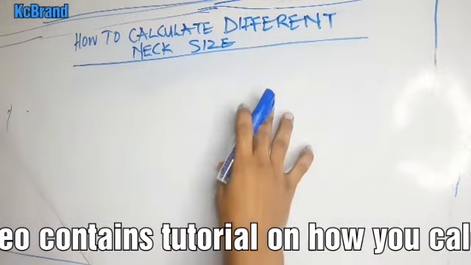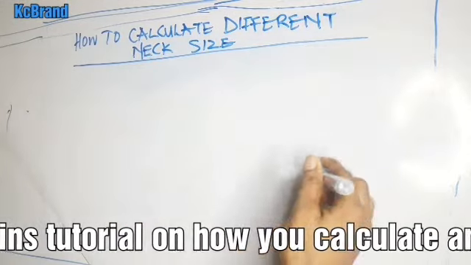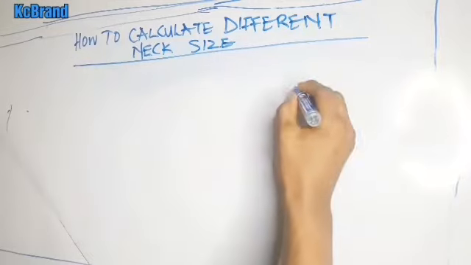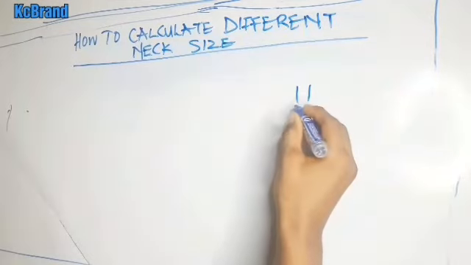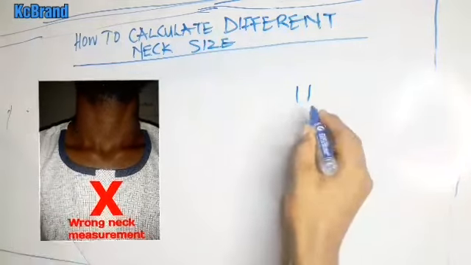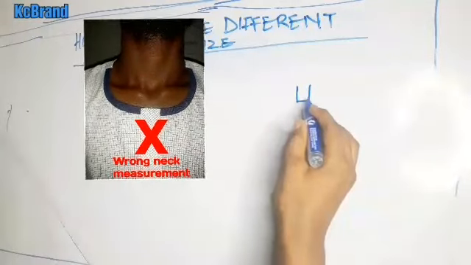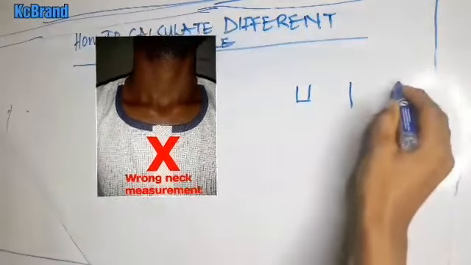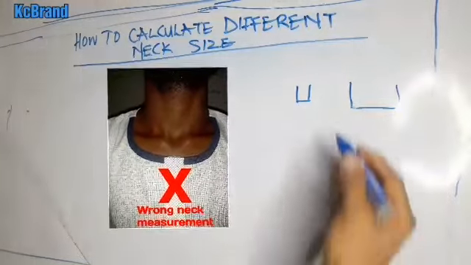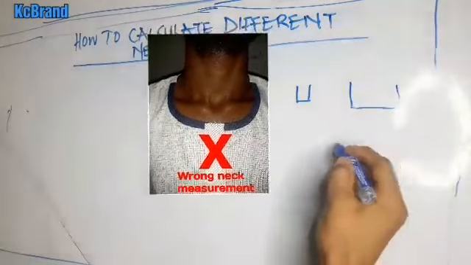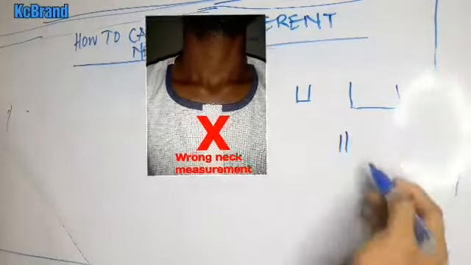When you are sewing for different people, some people might have a neck size that is not too wide. Let's say something like this. Some people may have a very thick neck that will be as wide as this. Some people may have a neck that is very tiny.